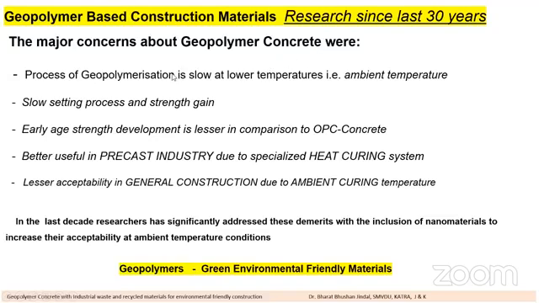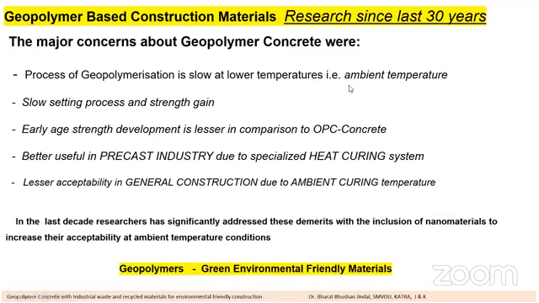Whenever you visit any site, you find cement-based concrete only, not geopolymer, because a few perceptions are still linked with the production of geopolymer. The process of geopolymerization is slow at lower temperature, that means ambient temperature, as we have discussed. You can speed up geopolymerization with heat curing or steam curing. So earlier, this was one of the drawbacks.